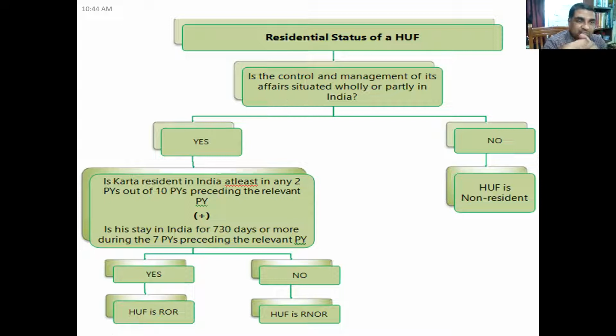If yes, then you have to see if the Karta is resident in India in at least 2 previous years out of the 10 previous years preceding the relevant previous year, plus whether his stay in India is 730 days or more during the 7 previous years preceding the relevant previous year. If yes, then it is resident and ordinarily resident. If no, then the HUF is resident but not ordinarily resident. This is what we have understood.